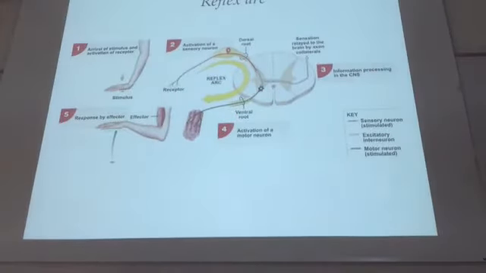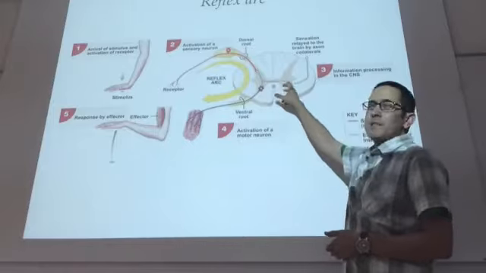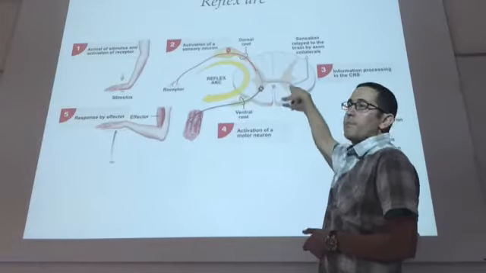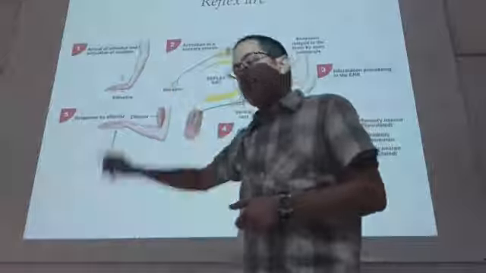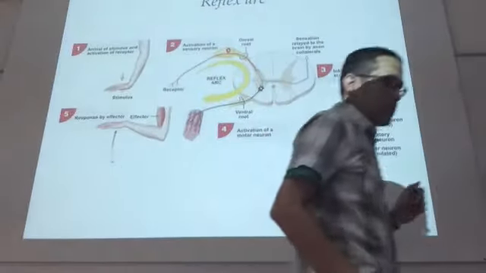So if you touch something hot, or a nail or something stings you, your hand will immediately move even before you feel the pain. Eventually, of course, the pain sensation goes up into the brain, but only after you move your hand. So it involves just three neurons: the sensory neuron, an interneuron, and the motor neuron.